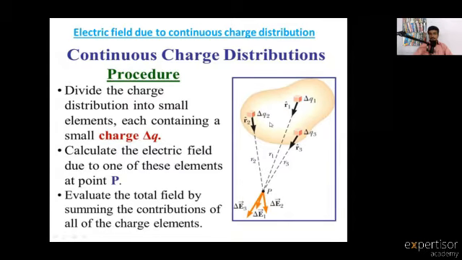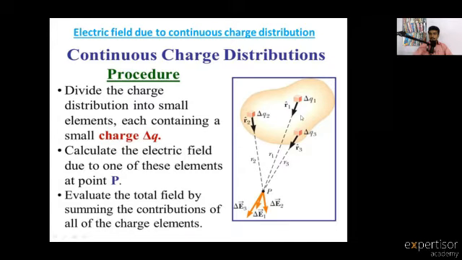So what is the internal concept of this continuous charge distribution, and what is its use? See the procedure first. Divide the charge distribution into small elements, each containing a small charge delta Q. Here you have to calculate the total charge distribution in this body.